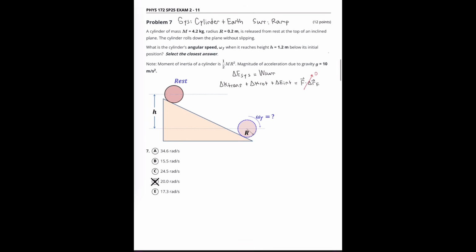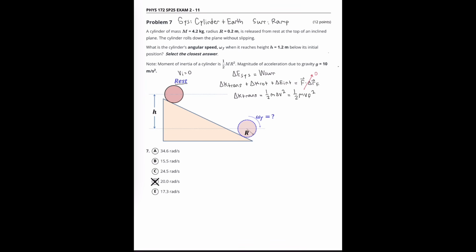We know that the translational kinetic energy is 1/2 mv squared. The change of that is equal to 1/2 m delta v squared, which will just be 1/2 m v final squared, since it's initially at rest. So you can say v initial is equal to 0.